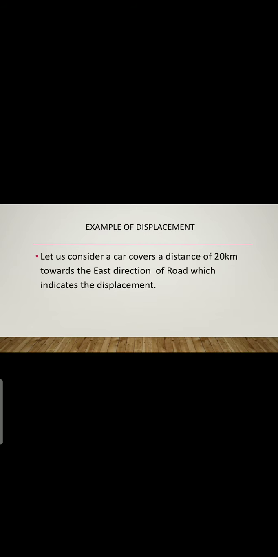Let us consider an example of the displacement. A car covers a distance of 20 km towards the east direction of the road, which indicates the displacement. Distance 20 km plus the east direction is equal to the displacement.